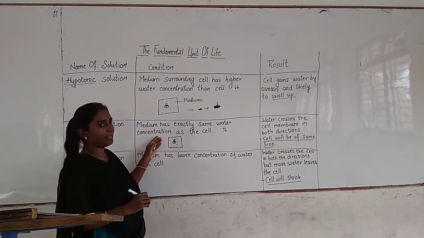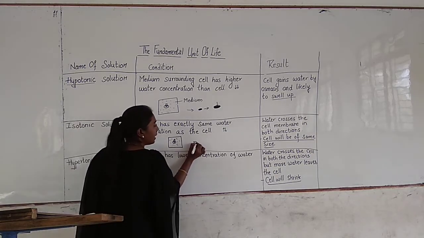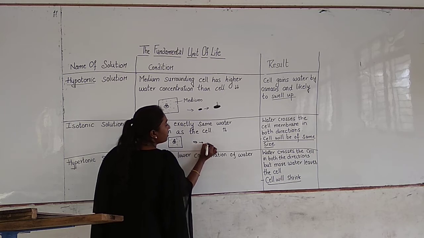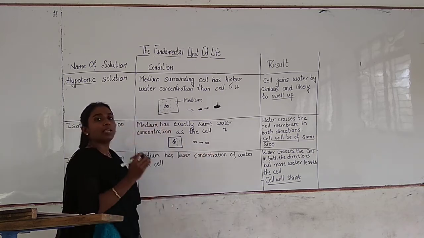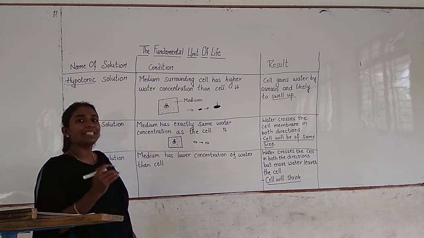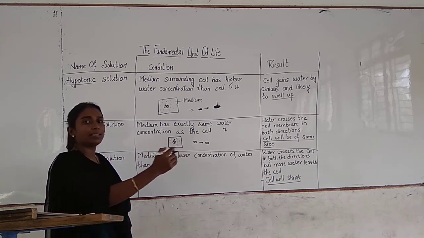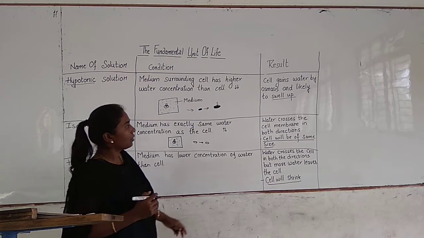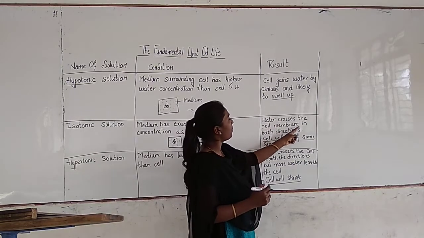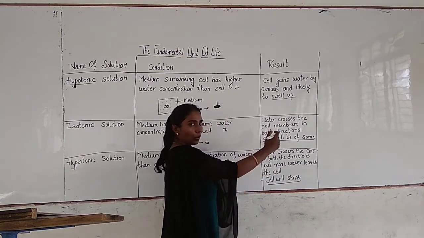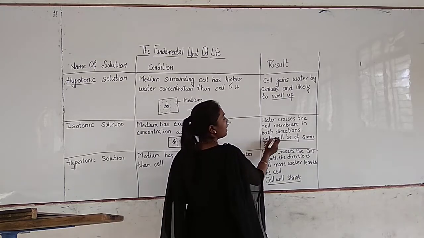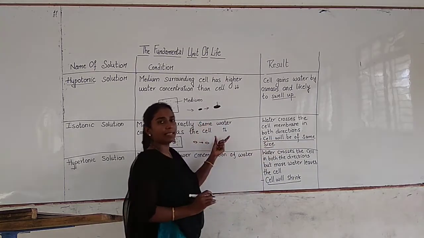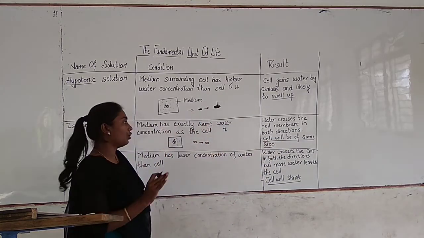So in such cases, the size of the cell will remain same because the net flow of molecules is equal. Outgoing is equal to incoming. So the water passes the cell membrane in both directions, that is going out and coming in. So the size of the cell will not change.